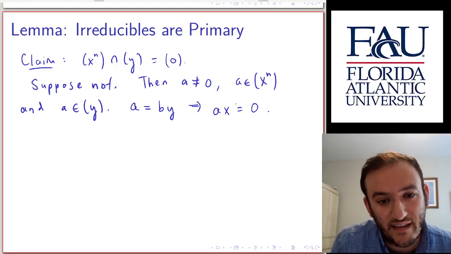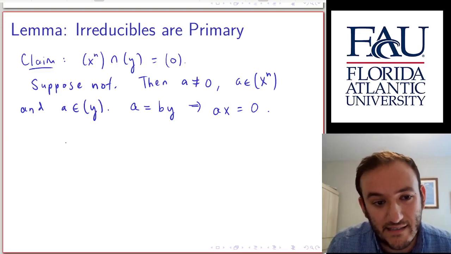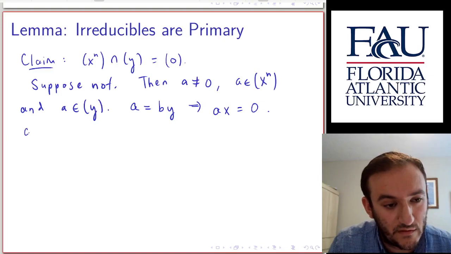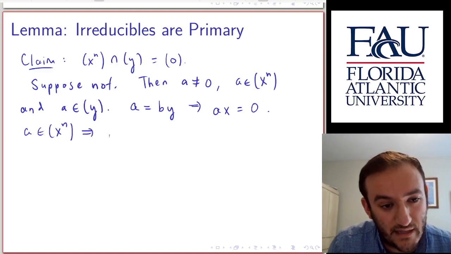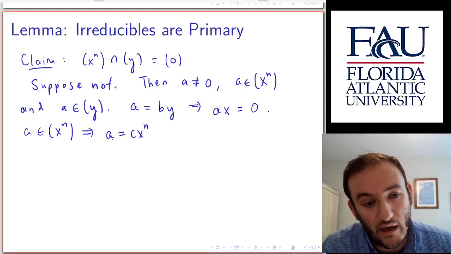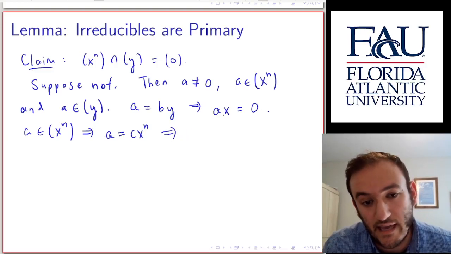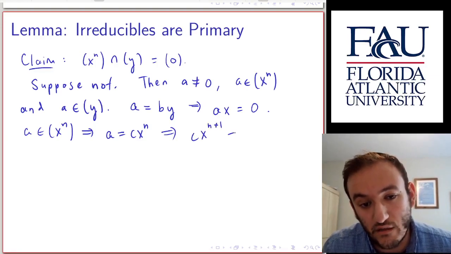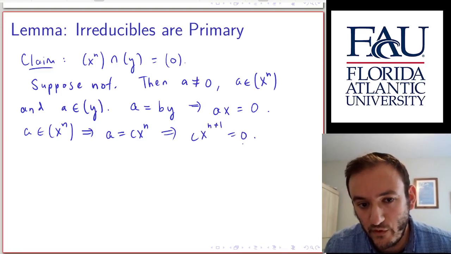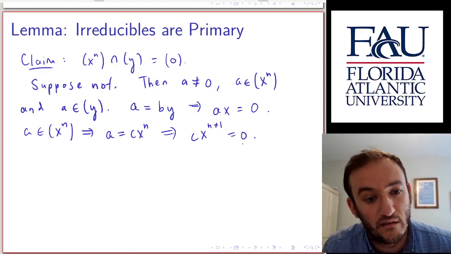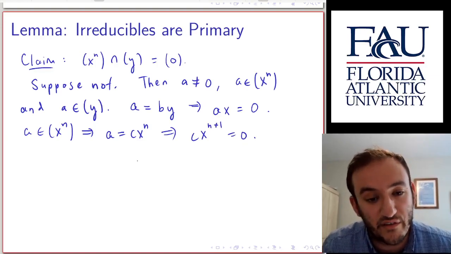On the other hand, the fact that A is in the ideal x to the n means that A can be written as cx to the n, which in turn means that since Ax equals 0, cx to the n plus 1 equals 0. Okay, just by plugging A into the previous equation.